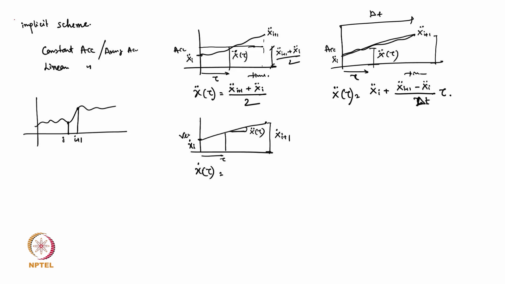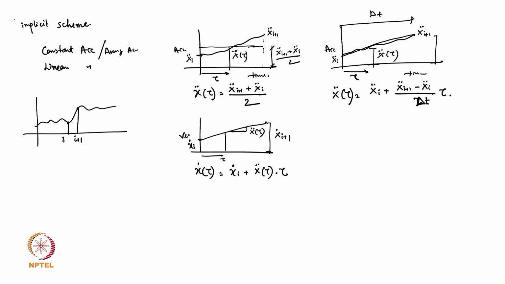So V equal to, we can say, Vi plus A T, means the final velocity will be equal to initial velocity plus acceleration into time. Very simple. So initial velocity is this much plus acceleration into time.